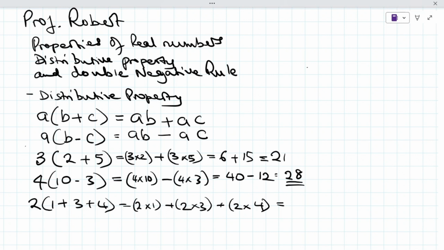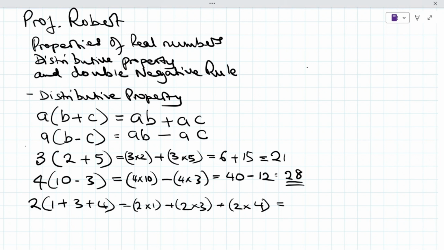So if we are multiplying, say, negative A by negative B, a negative times a negative will give us a positive. And of course, A times B will be AB.